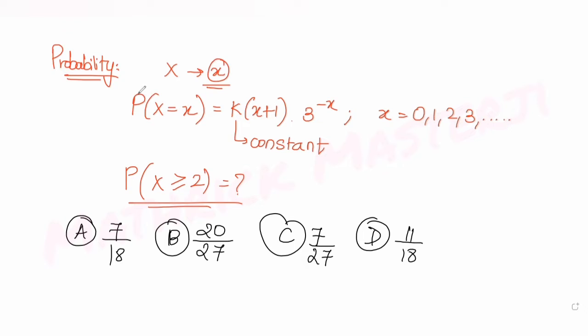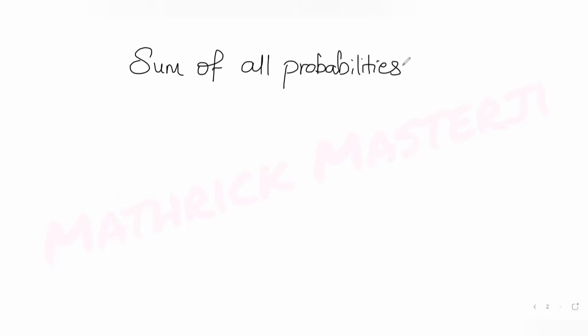So I have been given this probability at X = x, where x belongs to all the numbers from 0 till infinity. This is the entire function given to us. Now, we know the sum of all the probabilities is equal to 1.